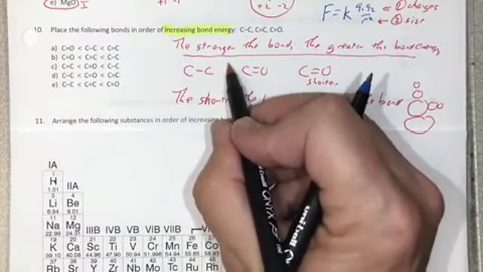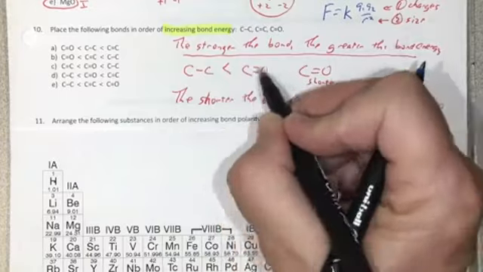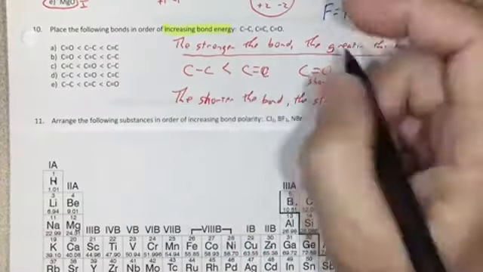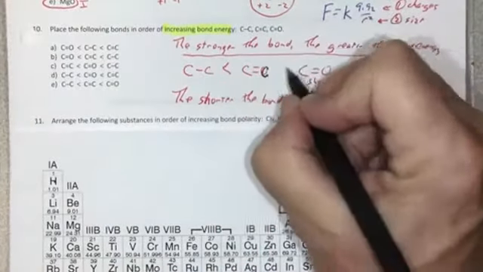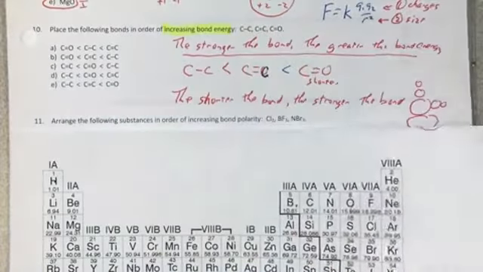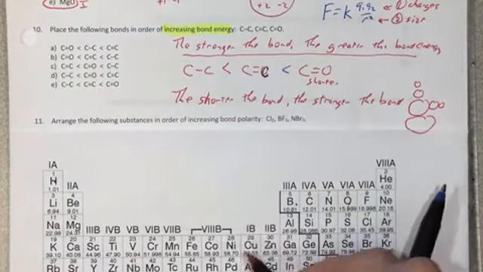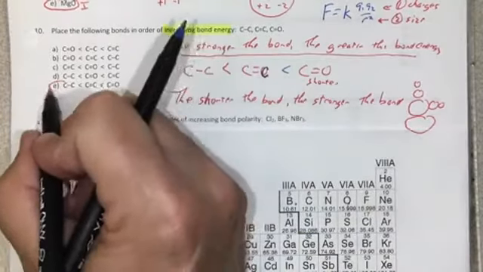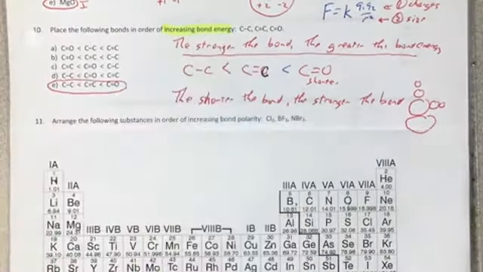A carbon-carbon single bond is weaker than a carbon-carbon double bond, which is weaker than a carbon-oxygen double bond. So the correct answer to number 10 would be choice E: carbon-carbon single, next carbon-carbon double, and next carbon-oxygen double.